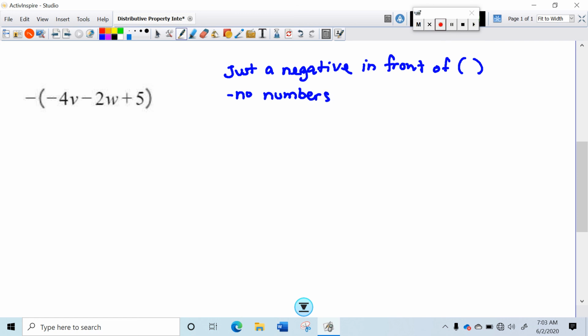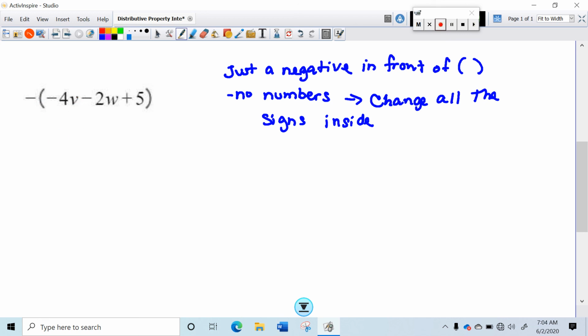A short way of doing that is change all the signs inside. So this one has a negative with no number there with that negative. So just change everything inside.